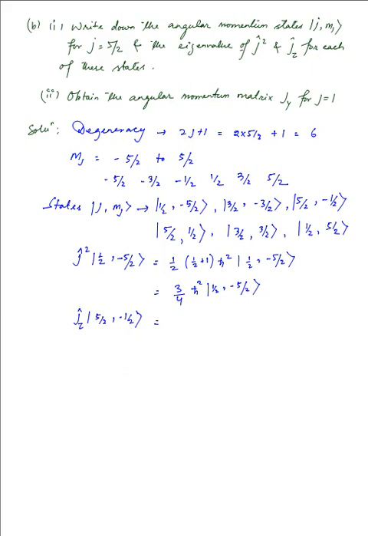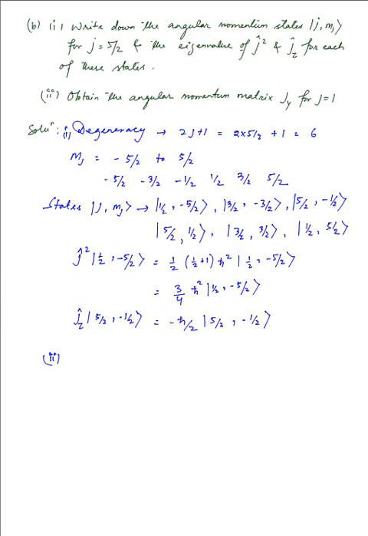For that state, the mj is minus half, so that's going to be minus h bar over 2 of that state, that is 5 over 2 minus half. I've tried 2 out of 12. The rest is up to you to try.